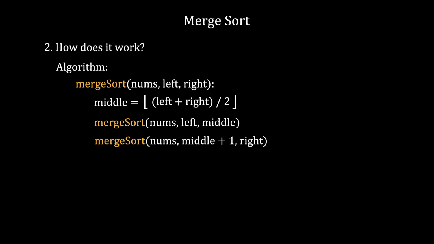And finally, we need to combine these two solutions. And for that, we will implement another function which is called merge subarrays and takes 4 arguments, nums, left, middle, and right, and it merges the two sorted subarrays, nums of left and middle, and nums of middle plus 1 and right, into the subarray nums of left and right.